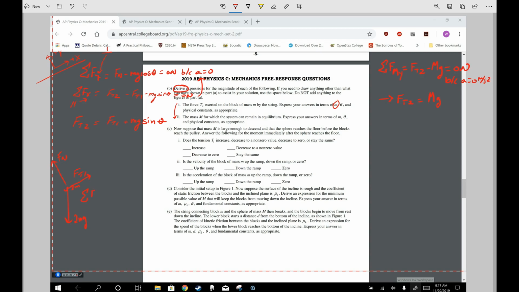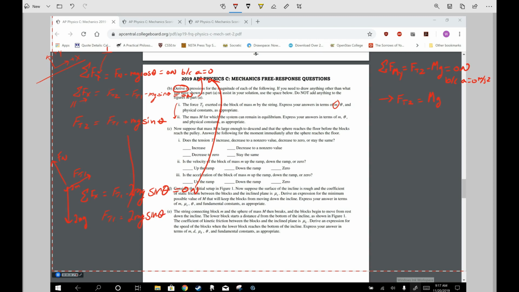Right, so the sum of the forces parallel for this one is Ft1 minus 2mg sine theta equals 0 newtons, same reason. So then we'd say, okay, Ft1 equals 2mg sine theta.